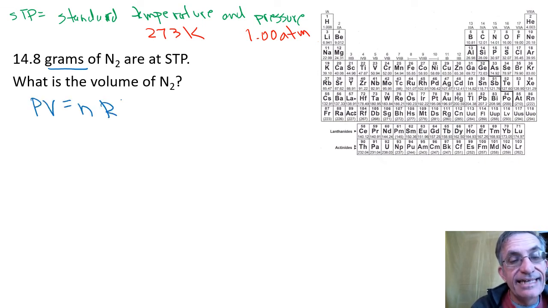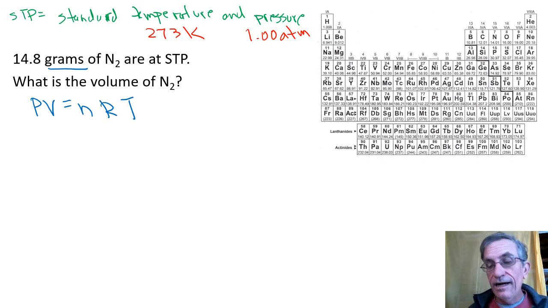So we're probably going to need to use this equation, because they're telling me grams. And what I'm going to solve for is the volume, V. To do this, we have to know all the other numbers, so let's make a little list and see if we've got them. I hope we do.